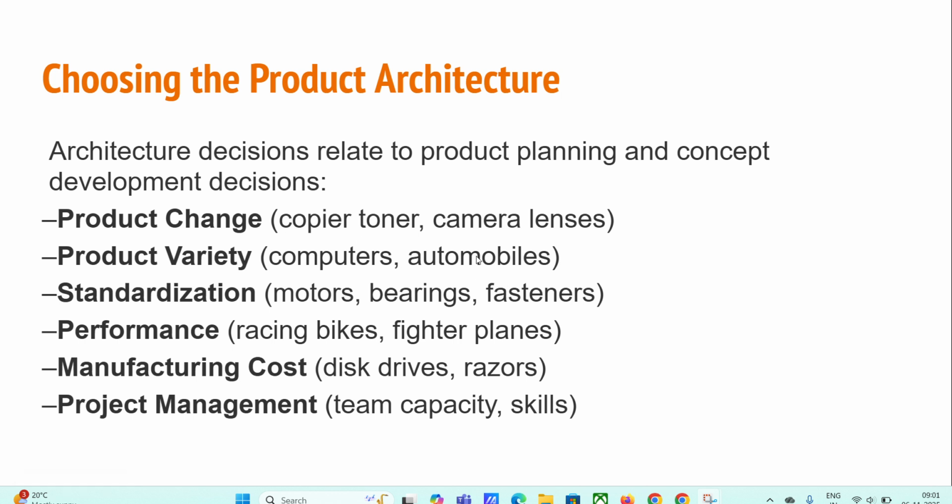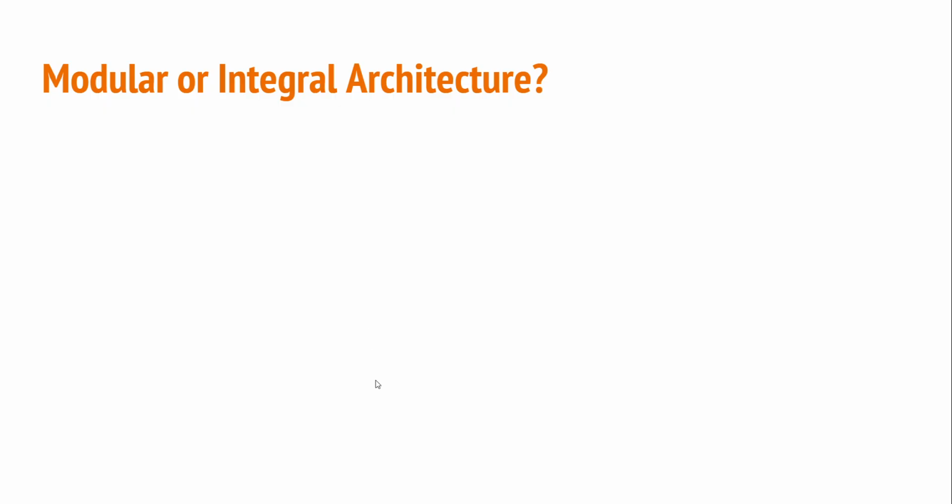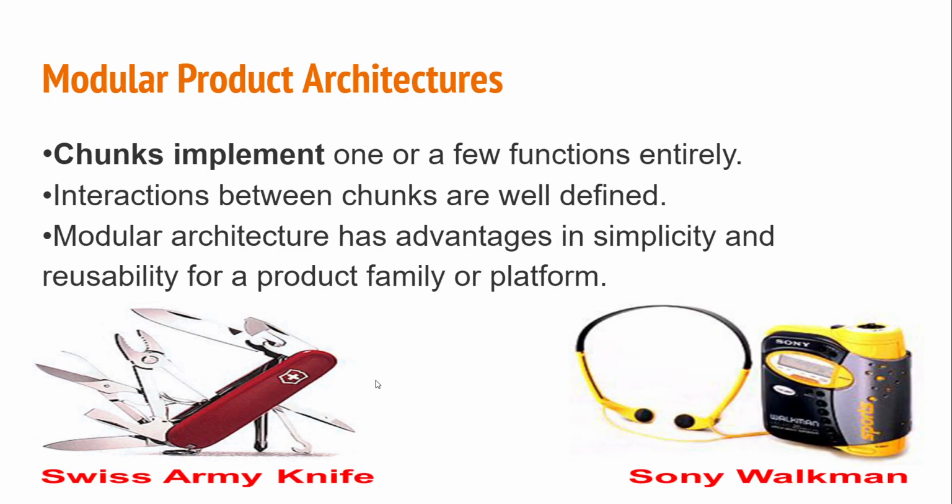Product variety: automobile or computer. Standardization: motor, bearing, fasteners. Performance: racing bikes, fighter planes. Manufacturing costs: disk drives. Resource and project management. Modular and integral architecture; modular product architecture.